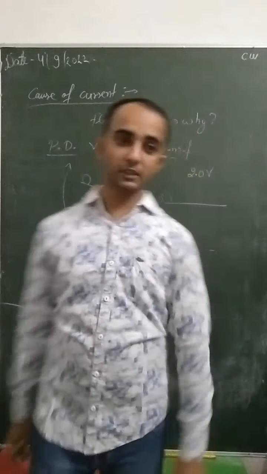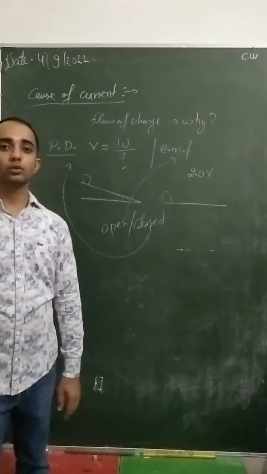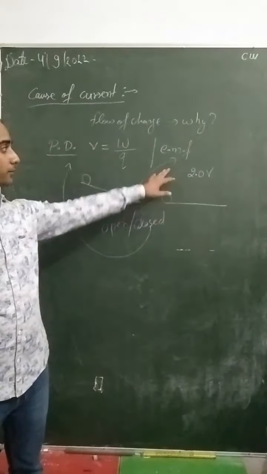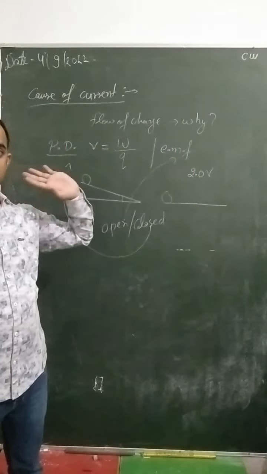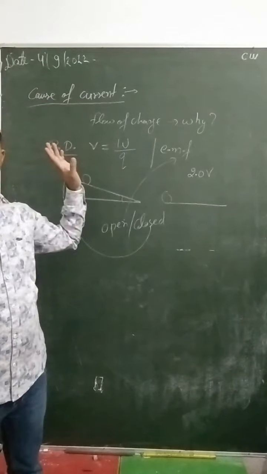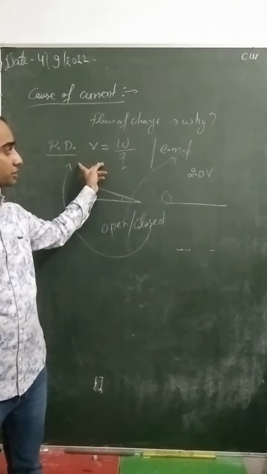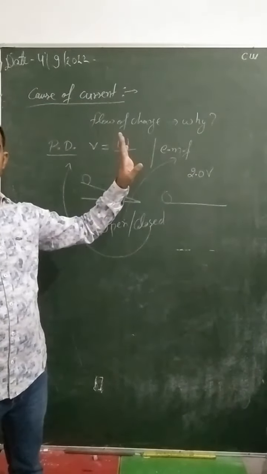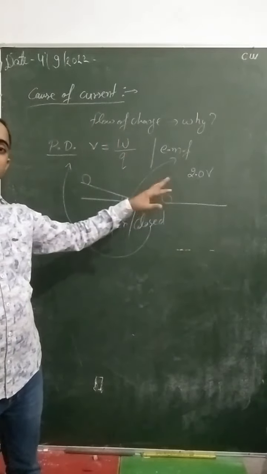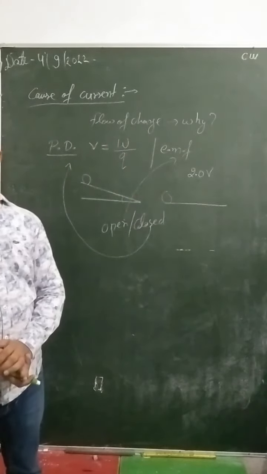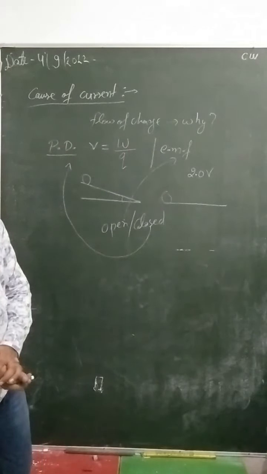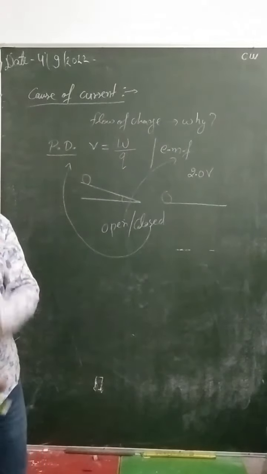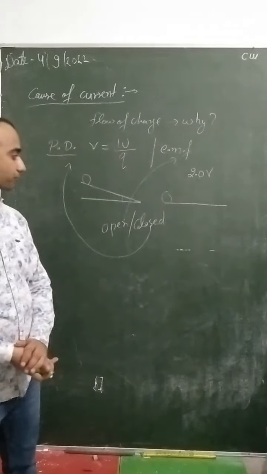So this is the difference between EMF and potential difference. EMF is always greater than or can be equal to potential difference, but potential difference cannot be greater than EMF. This we will also study in this unit. What will be the reason for the difference in EMF and potential difference? We will discuss that reason briefly ahead.